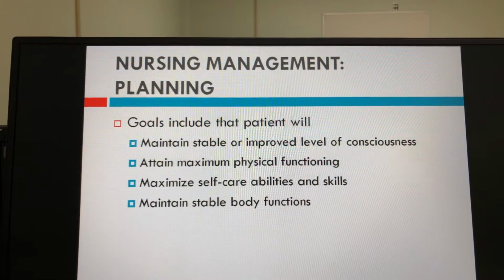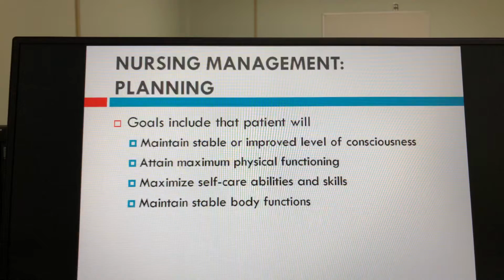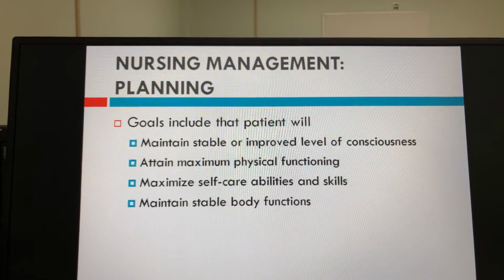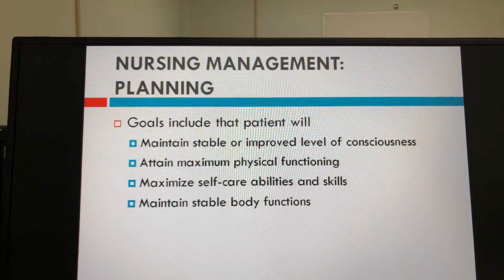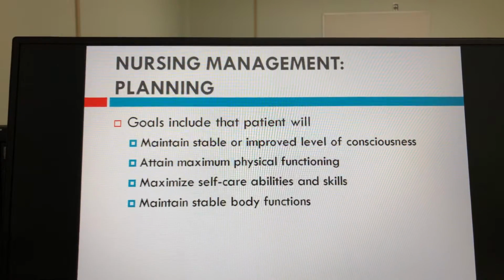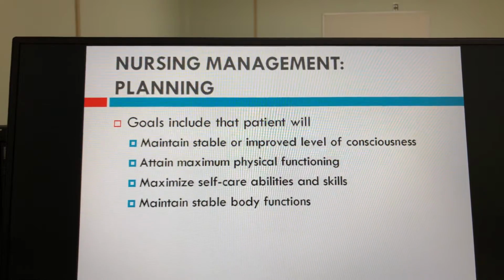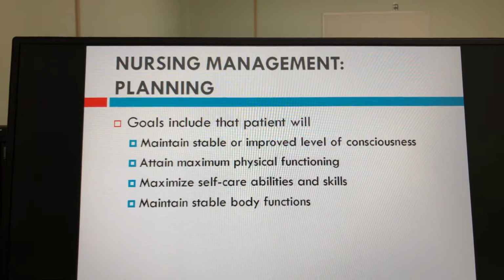We are now in the planning phase of the nursing process, and at this time, the goals of nursing care are established together with the patient, caregiver, and family. One of the goals is to maintain a stable or improved level of consciousness.